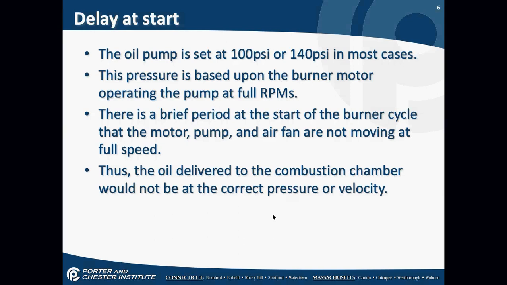To delay at start, the oil pump is set for either 100 psi or 140 psi. The pressure is based upon the burner motor operating the pump at full RPMs. There's a brief period at the start of the burner cycle when the motor, pump, and air fan are not moving at full speed. Oil delivered to the combustion chamber is not going to enter at the highest pressure.